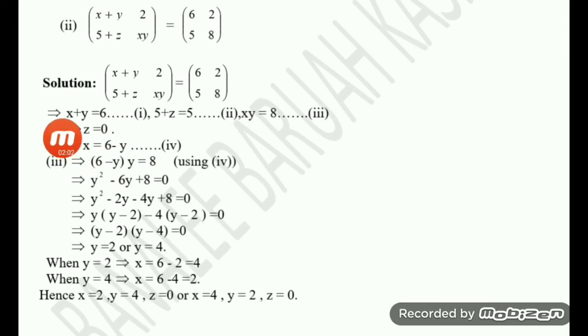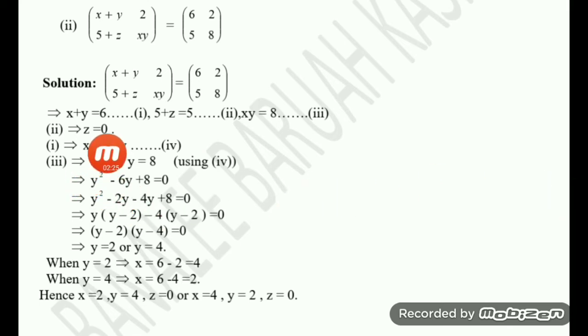Now from equation 1 and equation 3, you can find out the values of x and y. By substitution method or whatever method you want, you can use.